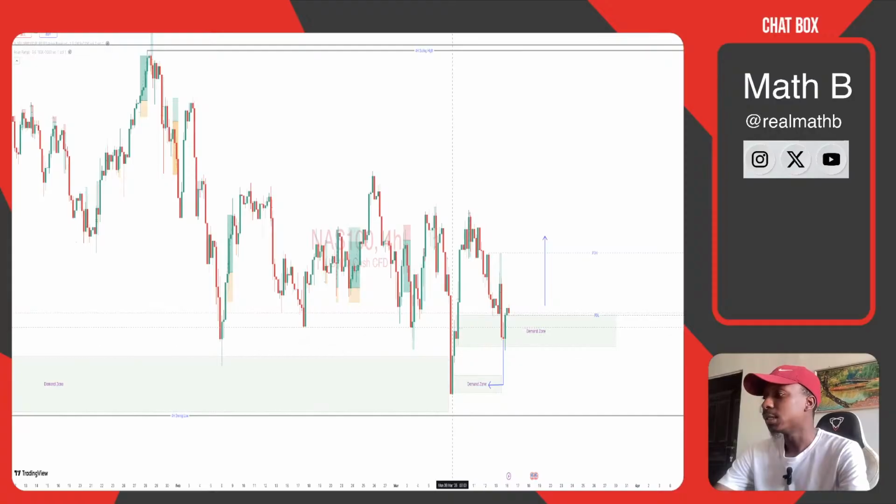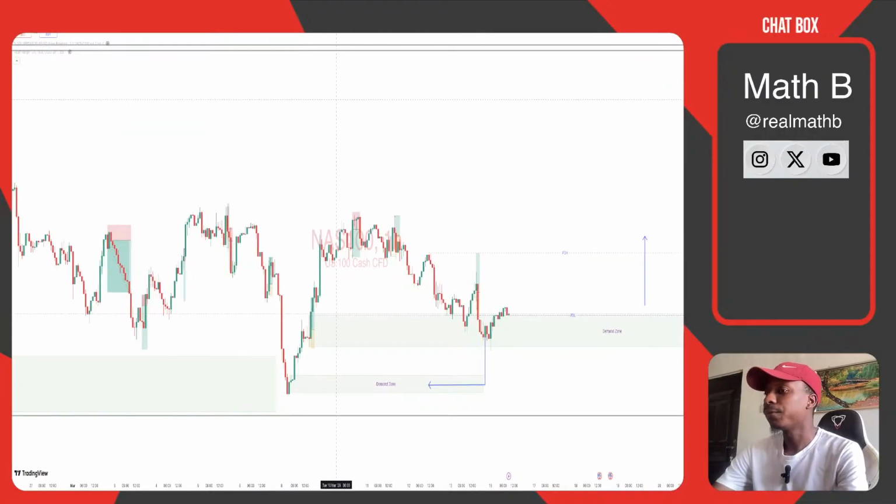That means the sellers and buyers were at this level before buyers overwhelmed the sellers and took the price up. And then at this level, the sellers pushed the price back into this fair value gap. So technically right now, either this level is going to hold or the extreme is going to hold, right? These are the two key demand zones to look out for trades. So I would still say we still have a chance of taking buy trades on NASDAQ.